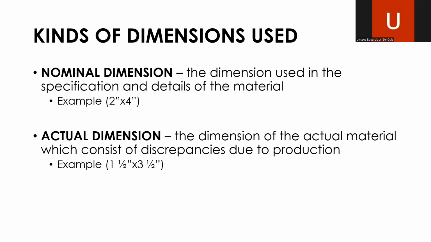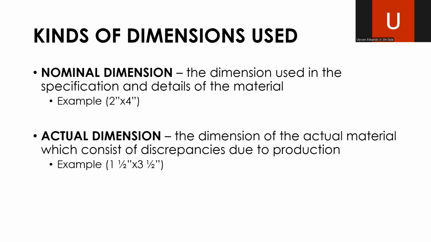By the way, the quotation symbol means it is in inches. If it's a single apostrophe, it is in feet. And the actual dimension is the dimension of the actual material, which consists of discrepancy due to production.